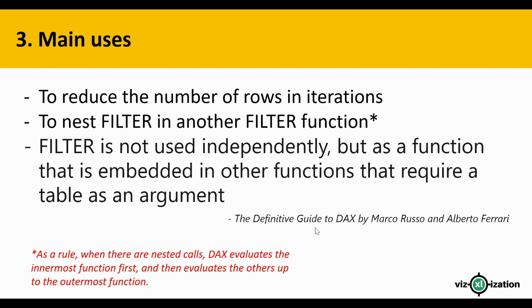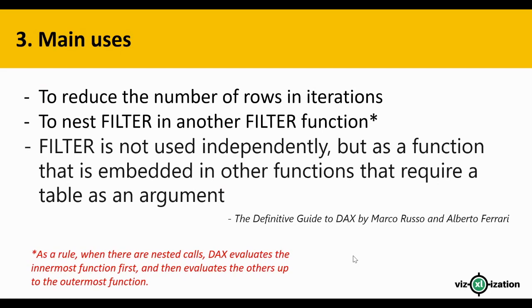We usually use this FILTER function as part of a measure to get single values. And as a rule, when there are nested calls, DAX evaluates the innermost function first and then evaluates the others up to the outermost function.